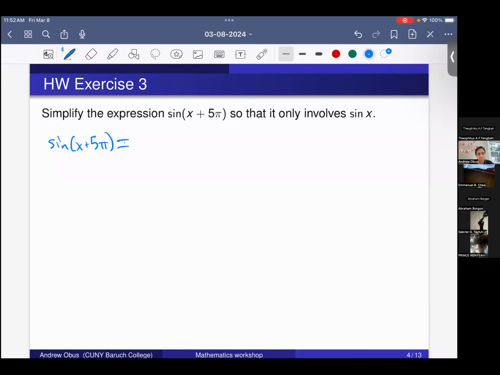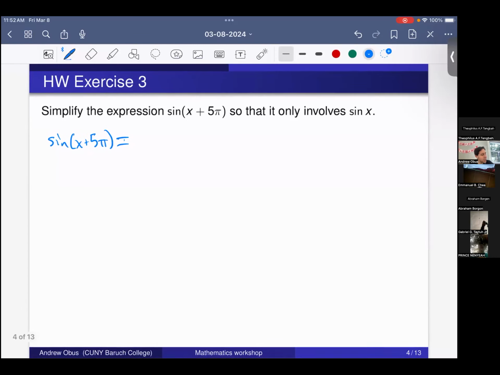The point is you can subtract 2 pi and nothing changes. So this is going to be the same thing as sine of x plus 3 pi, because when we add or subtract 2 pi from the argument, nothing changes. And this is going to be the same as sine of x plus pi, because I can always subtract off another 2 pi.